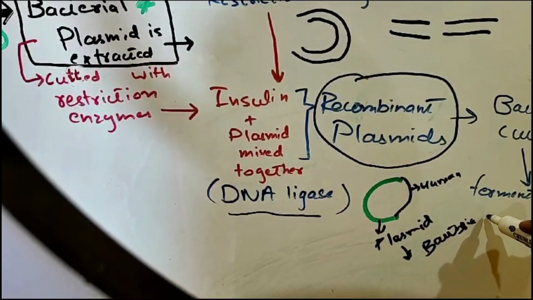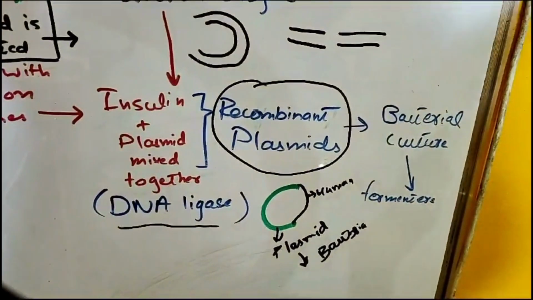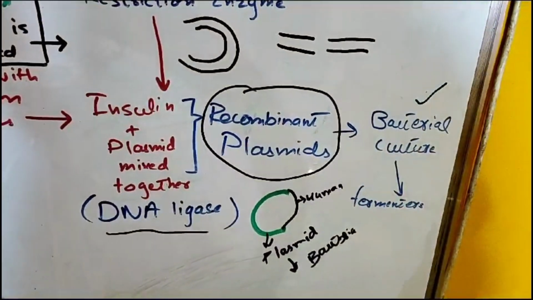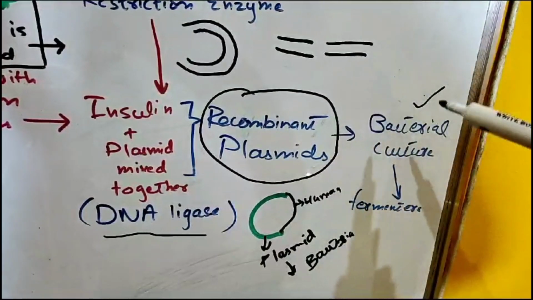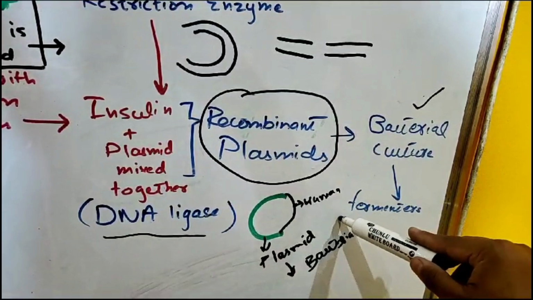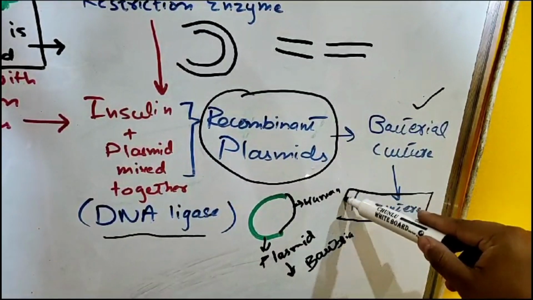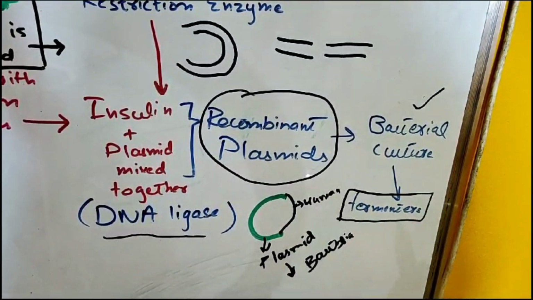Now, that bacteria is then transferred to a bacterial culture. The bacterial colony will grow, and finally, this bacteria is transferred to the fermenter. The fermenter has all the required growth medium for the bacteria.